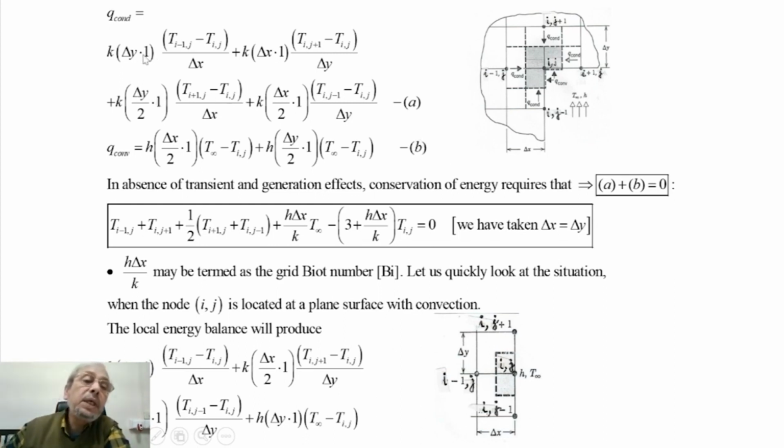Now if we equate this conduction and convection, then just through algebra we get Ti minus 1j plus Tij plus 1 plus half of Ti plus 1j plus Tij minus 1, plus H delta x by k into T infinity minus 3 plus H delta x by k into Tij equal to 0.